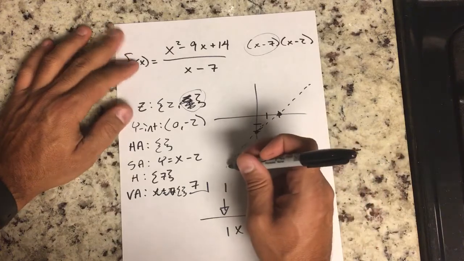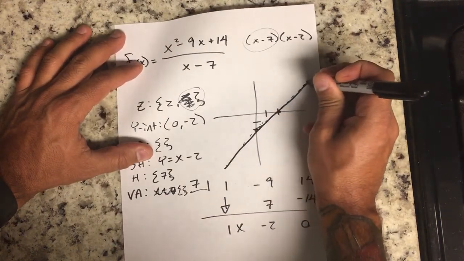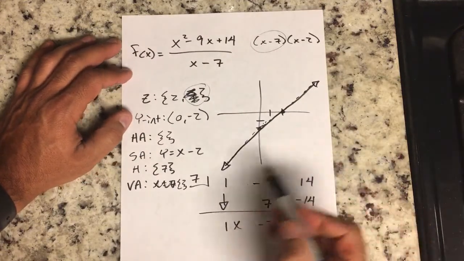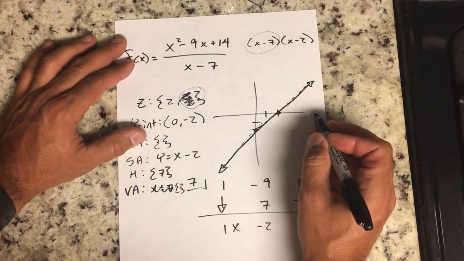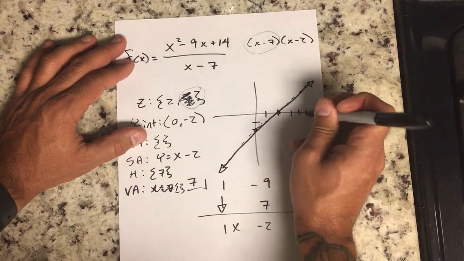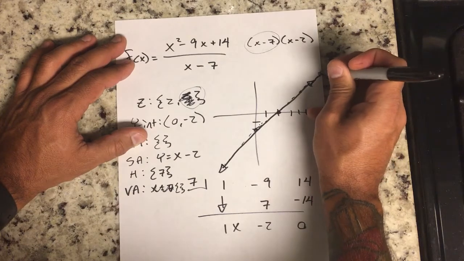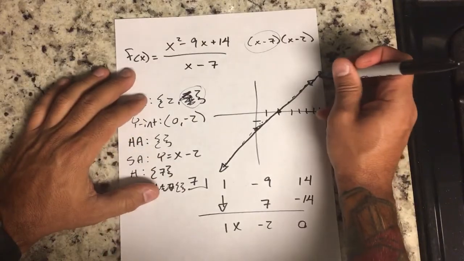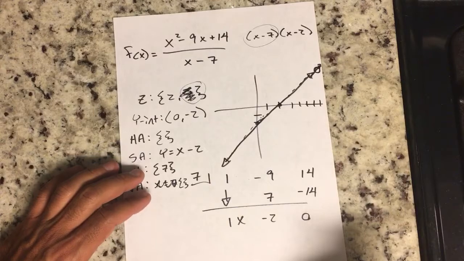What that means is my line is going to be right along the asymptote the whole entire way. But I have a hole at 7. So I go to x equals 7. I see where the y is, which is right here. And I put a hole there, which is just an open circle. Means it jumps over that spot and keeps on going.